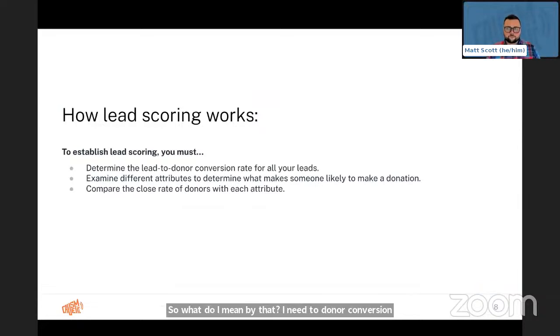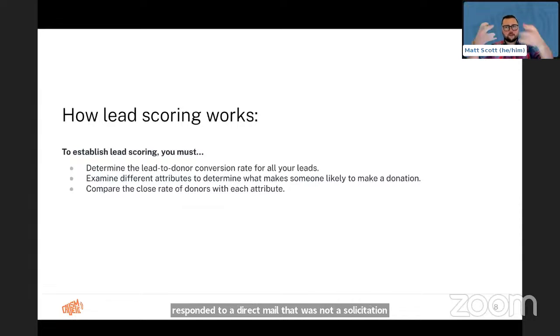This simply means that you need to identify how many new leads have been acquired in the last 12 months. How many people have filled out a Facebook lead form, have subscribed to your email newsletter, have given you their contact information, have maybe responded to a direct mail that was not a solicitation for a gift yet.